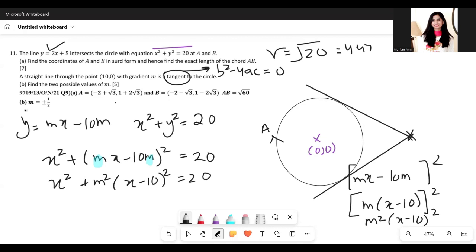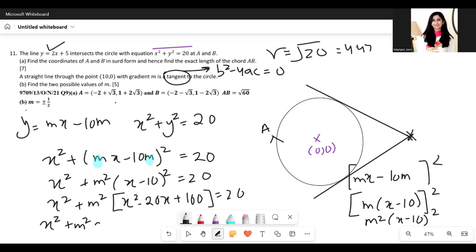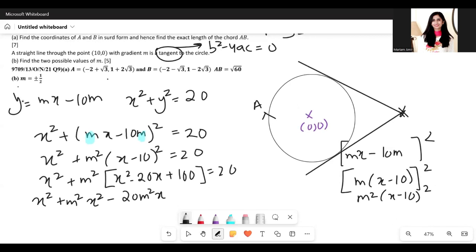And now let's expand this. x squared plus m squared, this would be a squared minus 2ab, so that's going to be minus 20x plus b squared 100, equals 20. That gives us x squared plus m squared x squared minus 20 m squared x plus 100 m squared minus 20 equals 0.